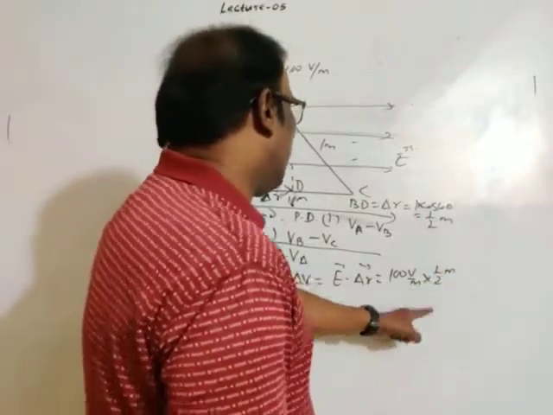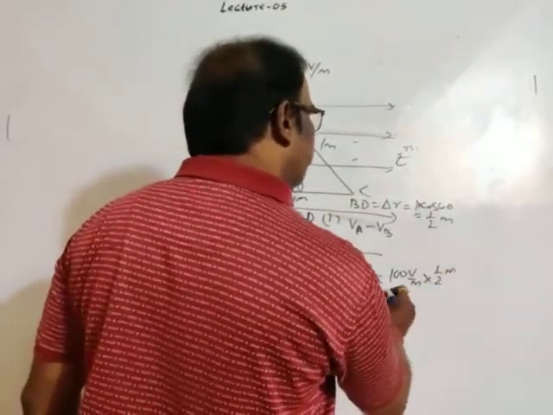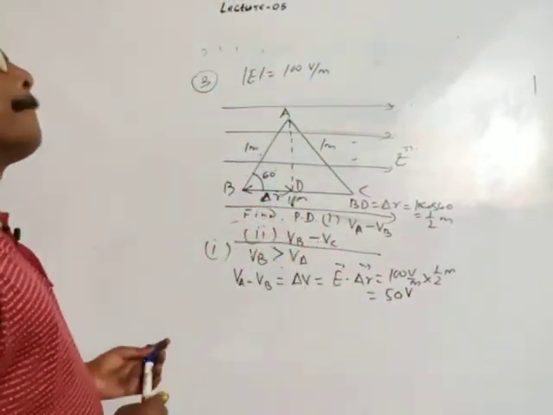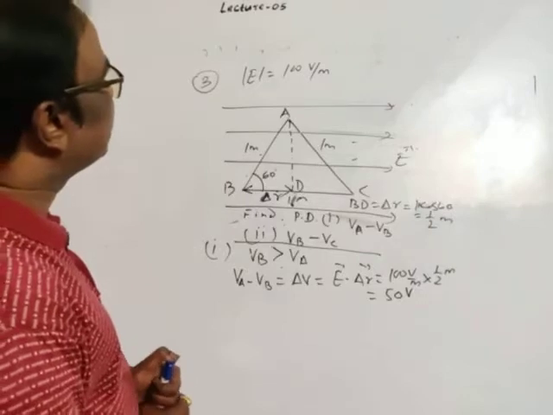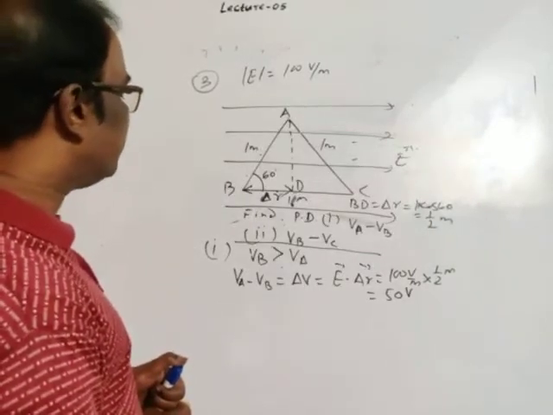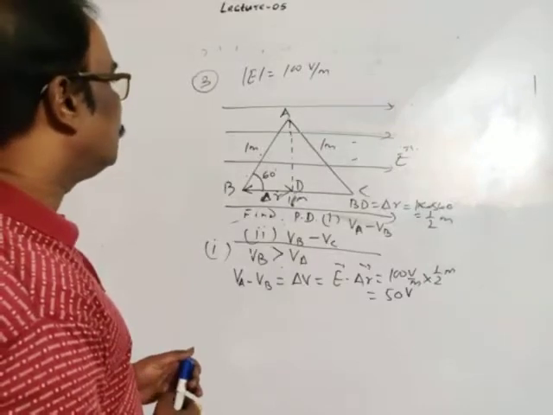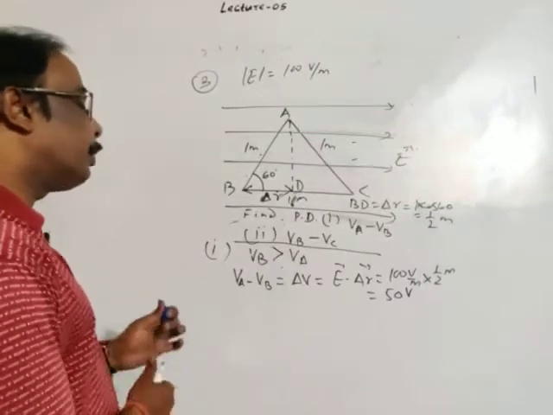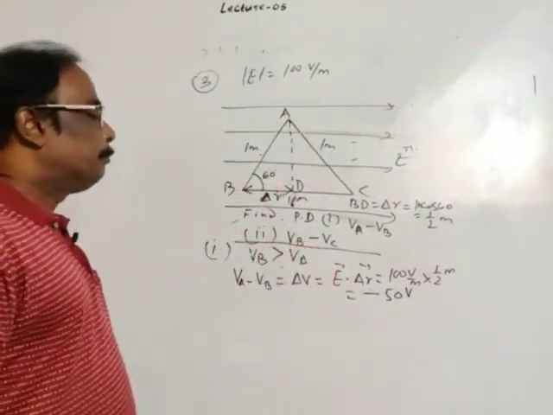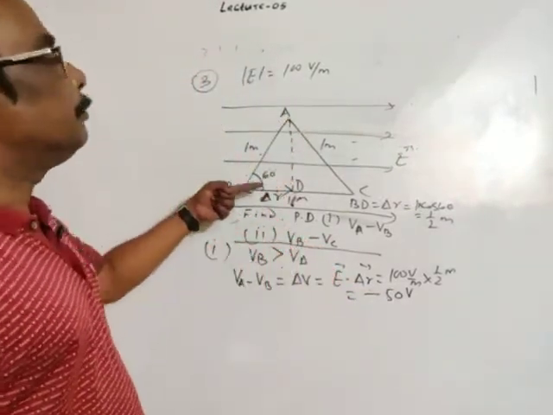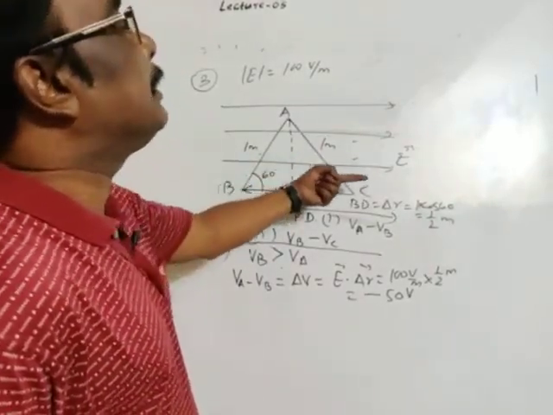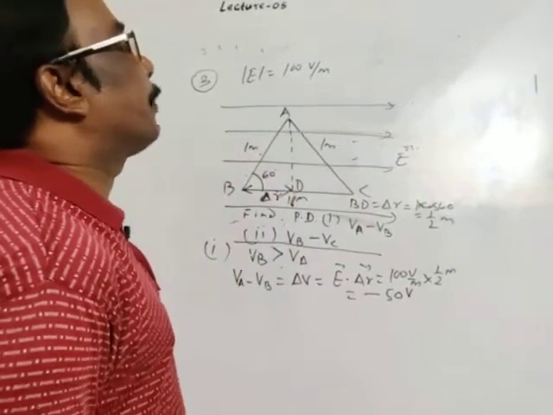Then 100 into half a meter is equal to 50 volt. Is it correct? Yes, VA minus VB, sorry, it will be negative. Potential increases with increase in distance.